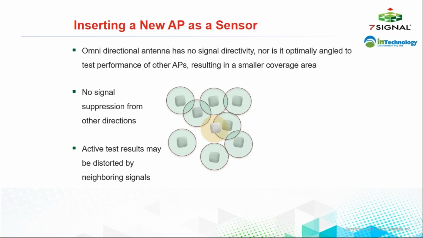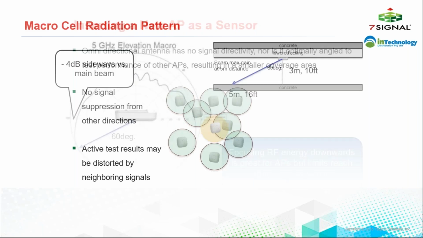So as a result, we have a smaller coverage area. And in order to get Wi-Fi performance coverage, you would have to insert many of these access points all over your network. And so what we originally believe to be an economical solution becomes a non-economical or very expensive solution quite quickly.